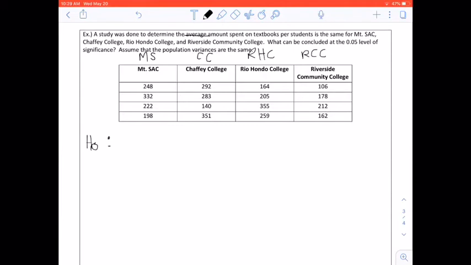Our null is going to be that these are all equal. So the mean amount spent on textbooks at Mount Sac would be equal to the mean amount at Chaffey College, which would be equal to the mean amount at Rio Hondo College, which would be equal to the mean amount at Riverside Community College.